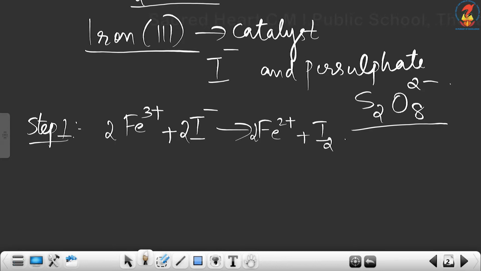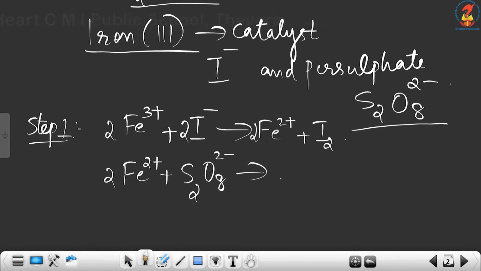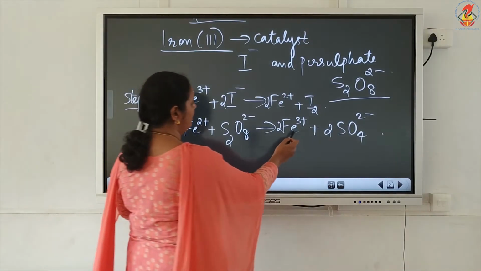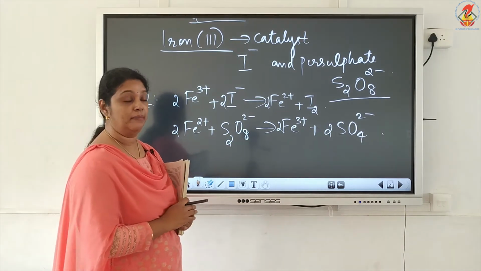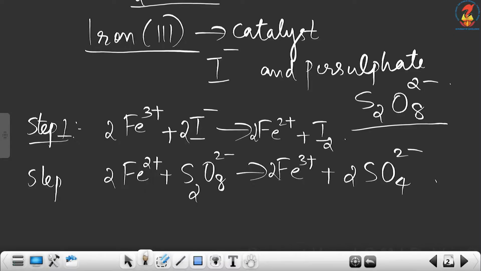Now in the next step, the 2 Fe2+ formed will combine with the persulfate ion, and Fe2+ gets oxidized to Fe3+, while the persulfate ion gets reduced to SO4 2-, sulfate ion. So you can see in this step the Fe3+, which acted as a catalyst, is regenerated back. This is step 2.